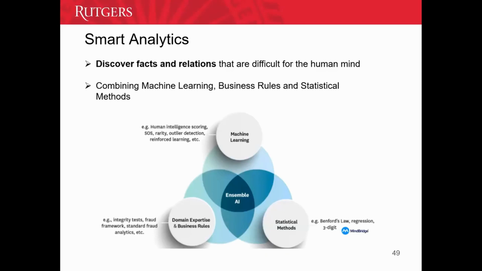Such business rules, and there could be thousands of such business rules in companies, could be incorporated into machine learning, right? By combining those business rules, machine learning and other statistical models, all coming together, you can achieve smart analytics. And an example of smart analytics is MindBridge software.